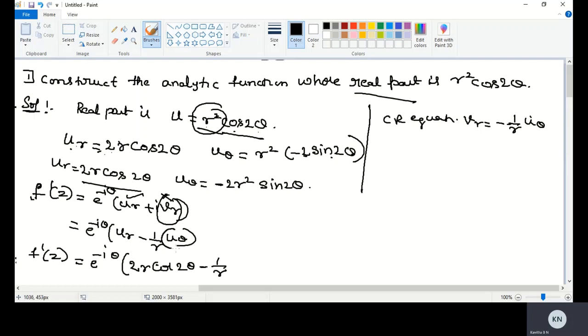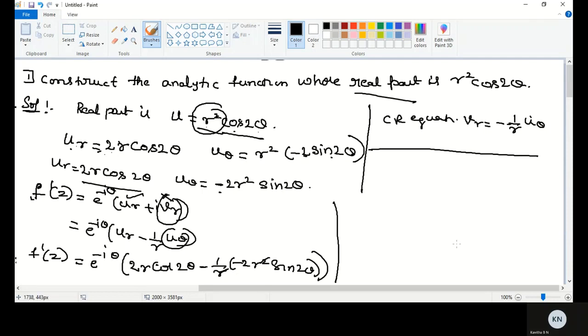U theta is what here? Minus 2r square sin 2 theta. Then observe here, r and r get cancelled. So f dash of z is equal to e to the power of minus i theta into 2r cos 2 theta.